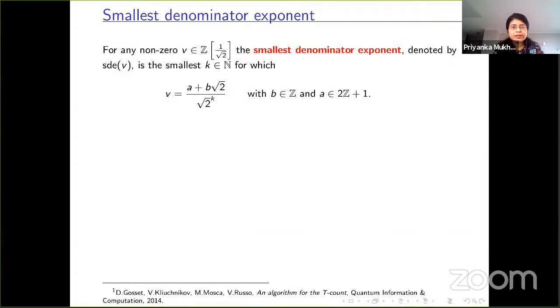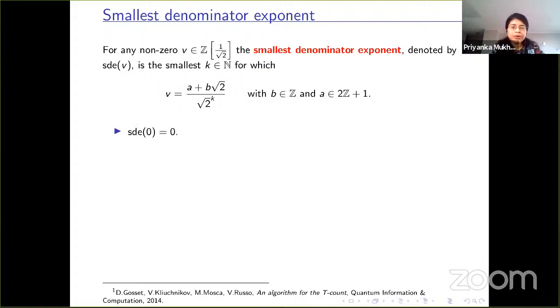So I'll define the smallest denominator exponent because we'll be working with it. For any non-zero element v in Z[1 by root 2], the smallest denominator exponent is the smallest natural number k for which v can be expressed as (a plus b root 2) by root 2 whole to the power k.